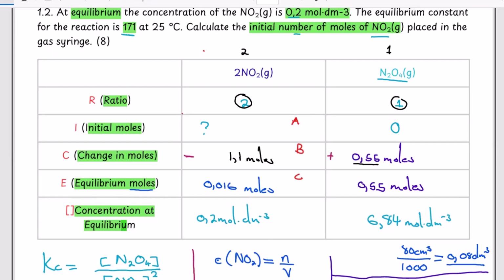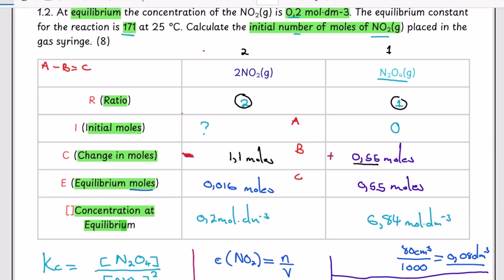Allow me to use the top part. We're saying initial moles, what we started with, minus the change gives us the final. So mathematically, A represents my initial number of moles, then I subtract B, the change in moles, and that is equivalent to C, which is my equilibrium moles.